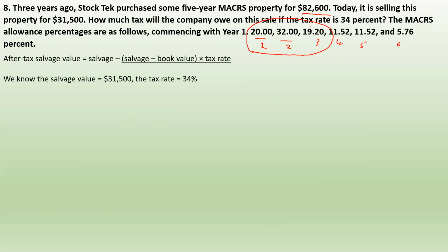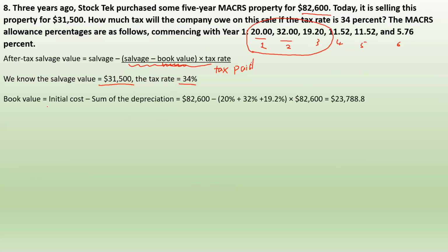So remember the after-tax salvage value is this. We know the salvage value is 31,500. If we want to find out the tax, this is the tax paid. The tax rate is 34%. So the only thing we need to calculate is the book value.